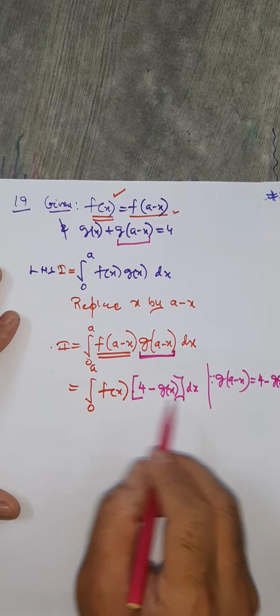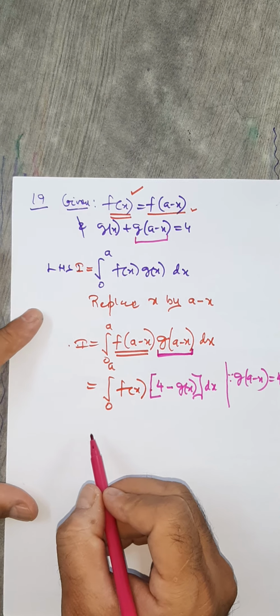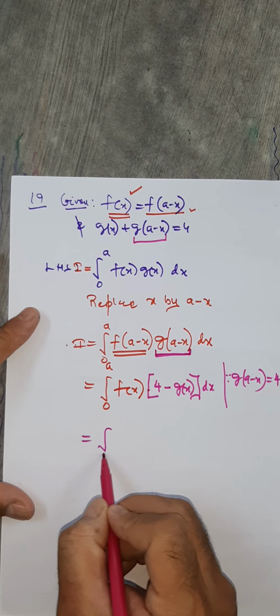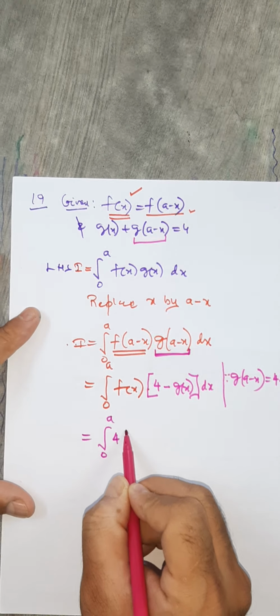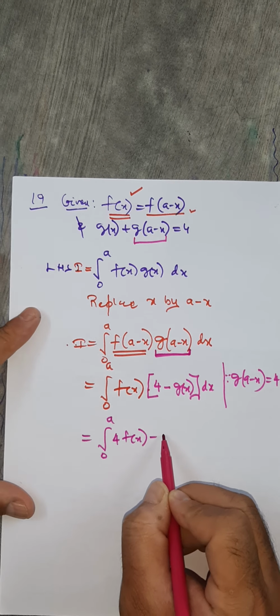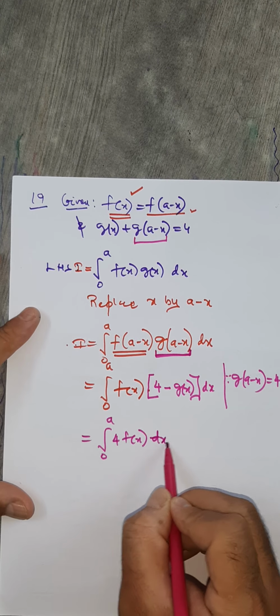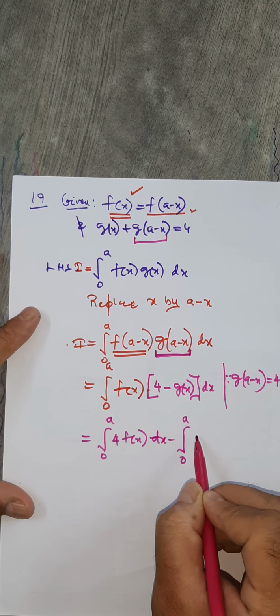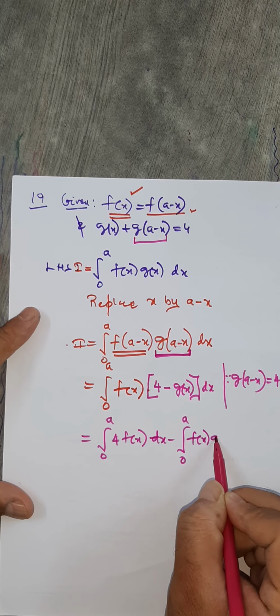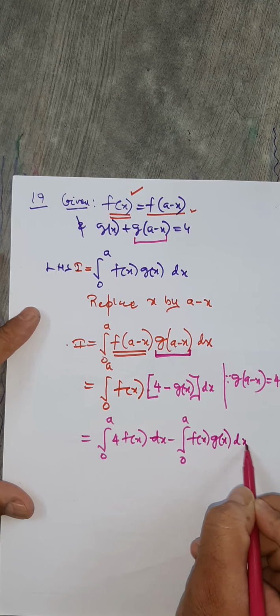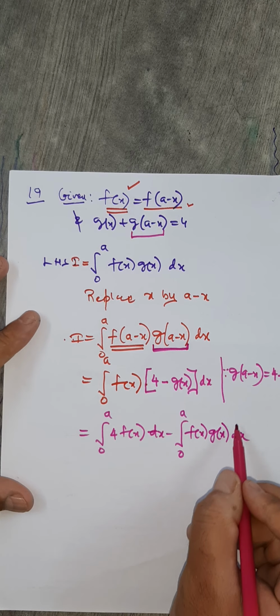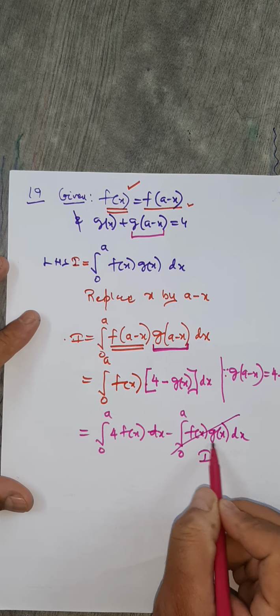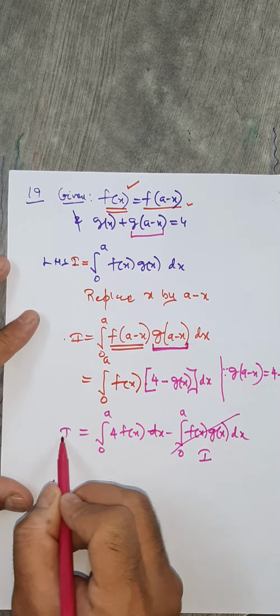Okay, now just open this bracket here. So integral 0 to a, this is 4 times f x dx minus integral 0 to a f x g x dx. I've just opened the bracket. You know that this is just I. I'll take it on the left hand side.